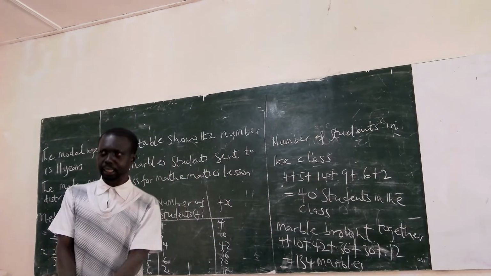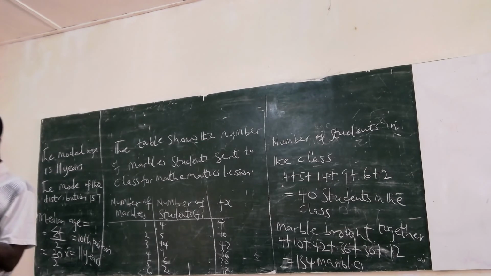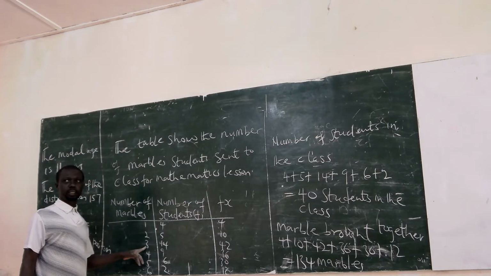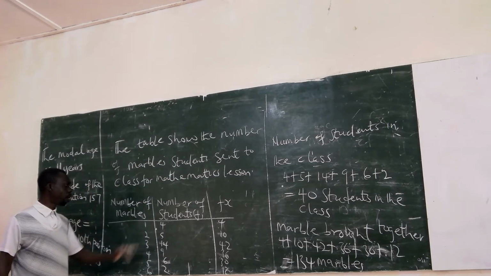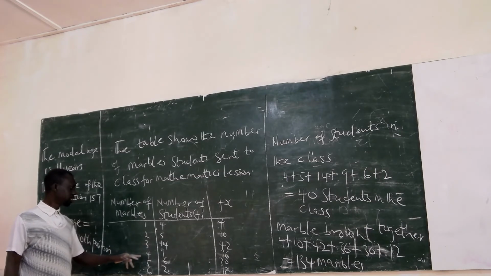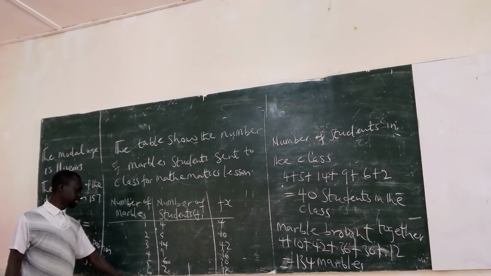And the next question said, how many marbles did most of the students bring? Look at the table. 1 is 4, 2 is 5, 3 is 14, 4 is 9, 5 is 6, 6 is 2.